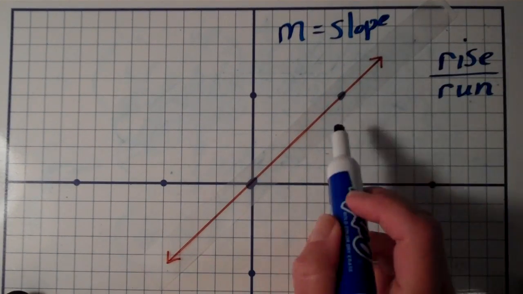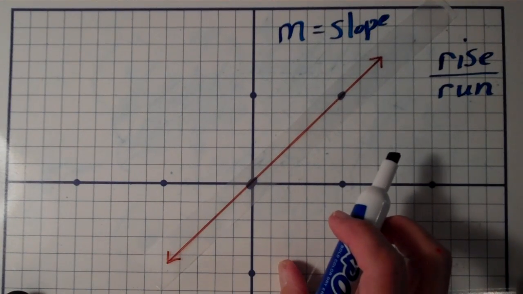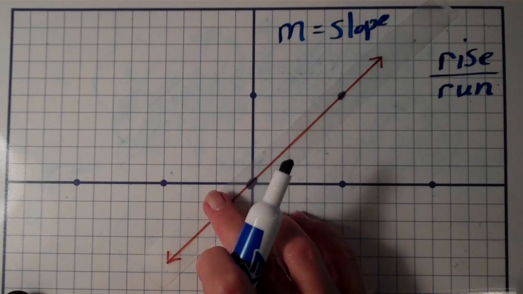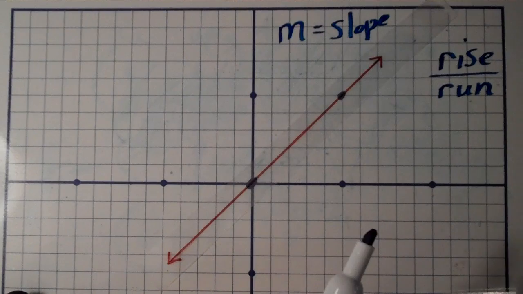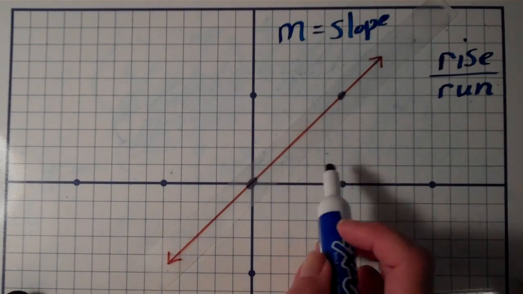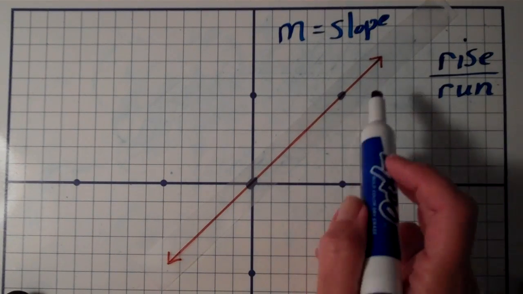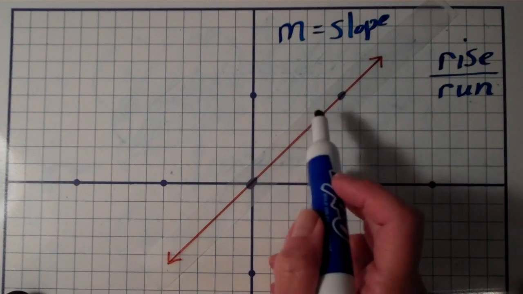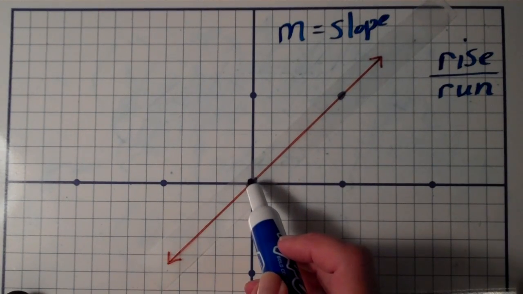If we wanted to find the slope of this line, and teachers, talk with your students, some that have done carpentry and roofing, they know more about this than they think they do, but they're smarter than they think they are. Remind them. The way I find the slope of this line is to find the lowest point, the origin.